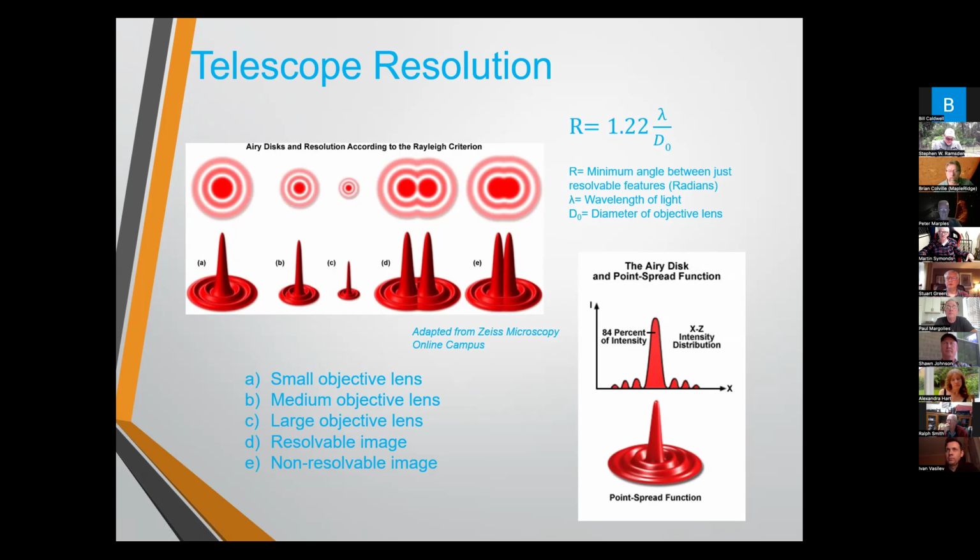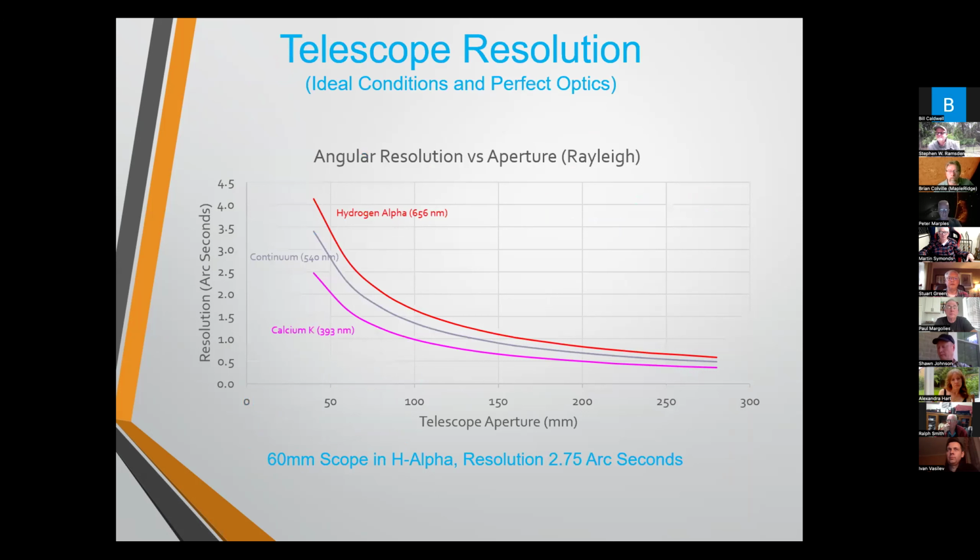So in other words, there's a relationship between the wavelength and the diameter of the scope, and that looks like this. So now I've plotted resolution in arc seconds. The formula actually gives a result in radians. So you've got to convert radians to arc seconds, but that's easily done.